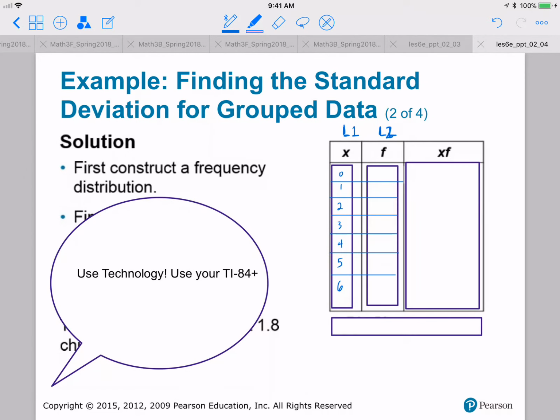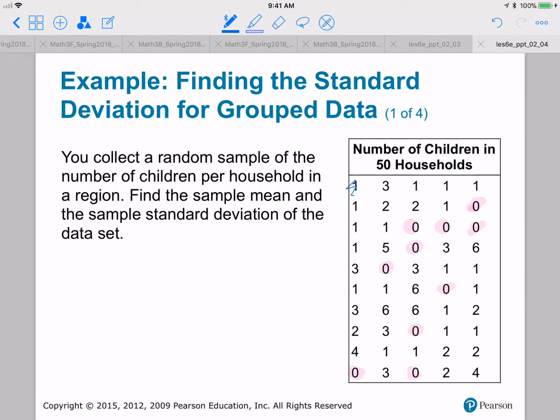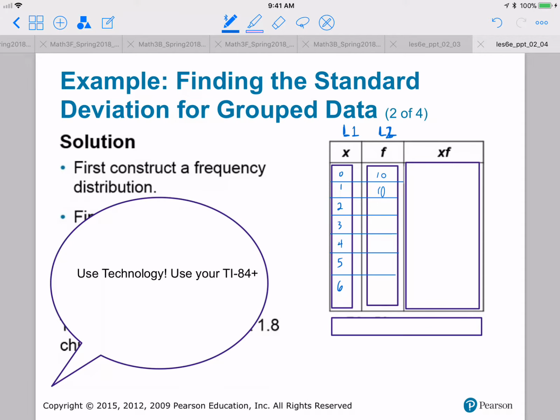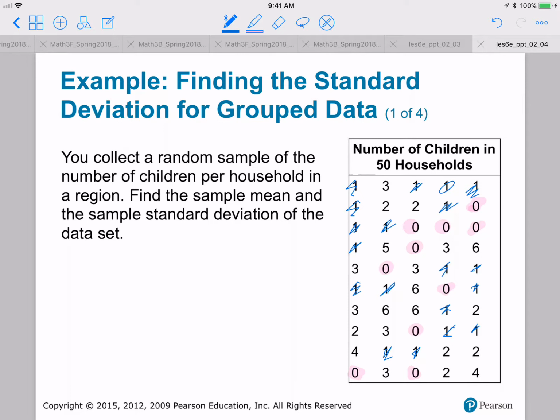So we've got 10 zeros. How many ones? 19. How many twos? 7.